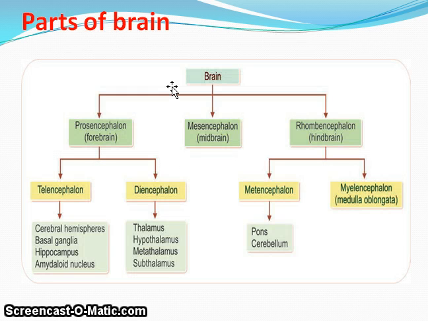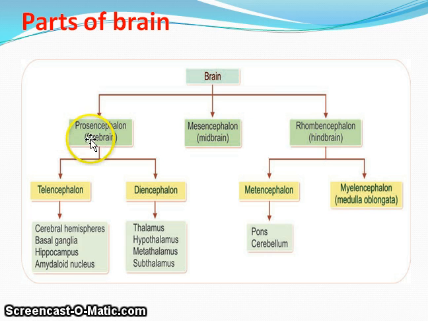Now let's study the parts of brain. We all know about forebrain, midbrain, hindbrain, right? So the frontal part of the brain is known as forebrain, and its ancient name is the prosencephalon. Similarly, the midbrain, its another name is mesencephalon, and hindbrain is also known as rhombencephalon.